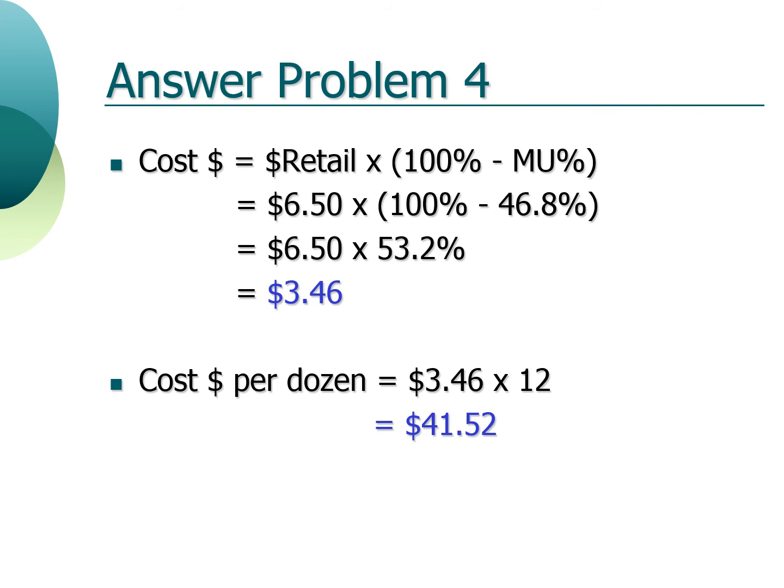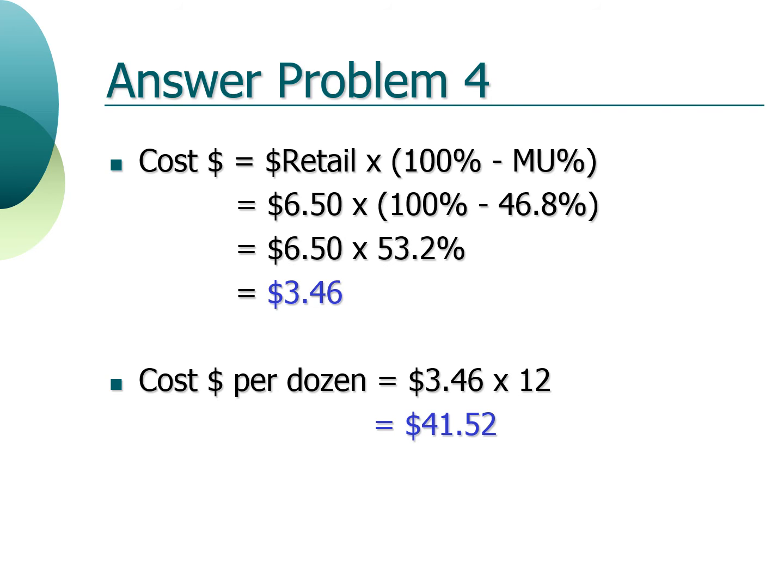So retail per pair was $6.50 times 53.2%, and that will be $3.46. Then you multiply that by 12 so that you can calculate the cost dollar per dozen pairs of socks, and that way you would probably find $41.52.